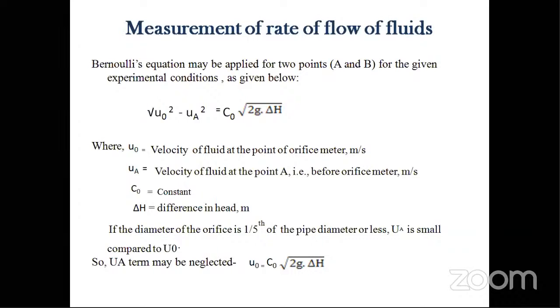The velocity also decreases on the side portion of the orifice meter. It means the velocity at the orifice meter is lower than the velocity at the point A. So UA is termed as U0 equals C0 root over of 2g into delta H, which means UA is negligible at that time.